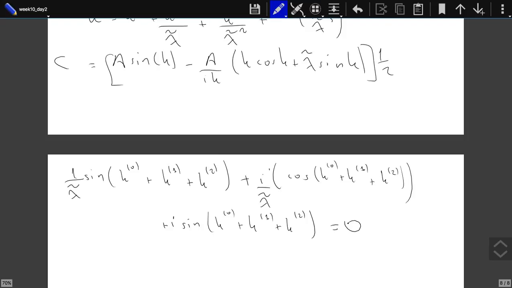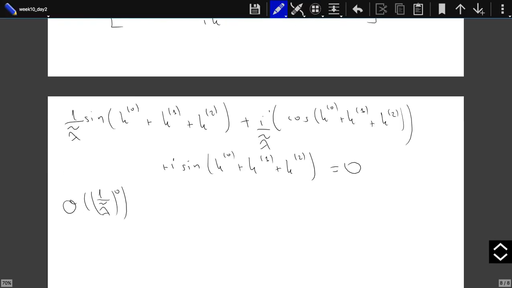Now let me pick up the terms that are of the order of 1 over lambda tilde to the power 0. The first term is 1 over lambda tilde to the power 1. The second term is 1 over lambda tilde to the power 1. So the only term that has 1 over lambda tilde to the power 0 is the last one.